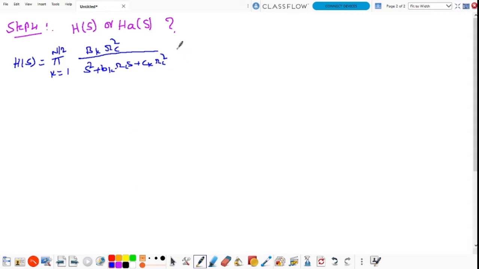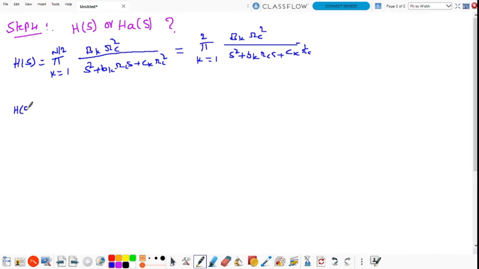Now here the order of the filter capital N is equal to 4. So substitute capital N is equal to 4 here. So product of k equal to 1 to 4 by 2, which is 2, of Bk omega c square by s square plus small bk omega c s plus ck omega c square. Now substitute k is equal to 1 and k is equal to 2 into this equation.